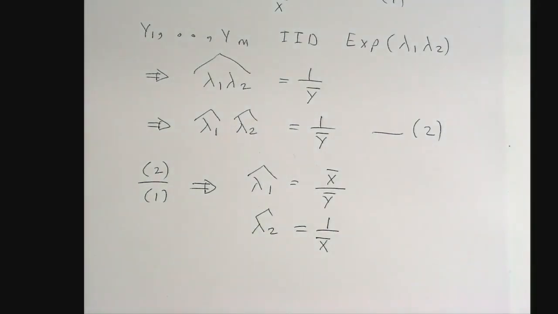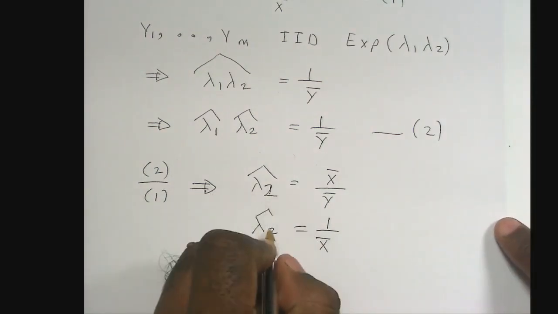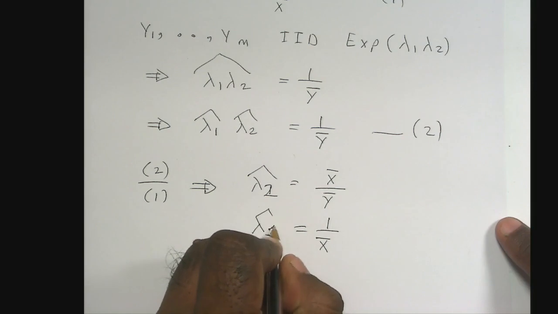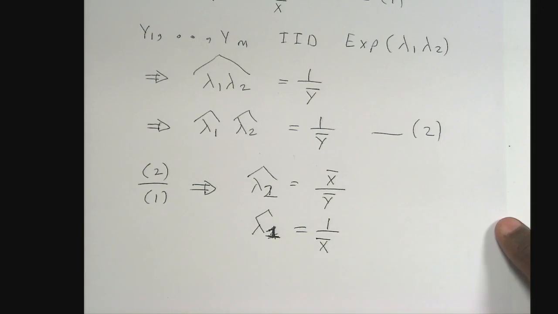Oh, sorry, it's the other way around. Yeah, thank you. This should be lambda 2, and this should be lambda 1. So lambda 2 hat is this, and lambda 1 hat is this, guys.